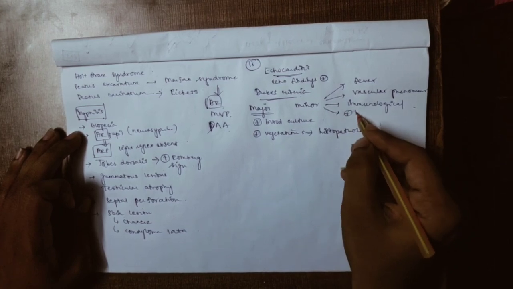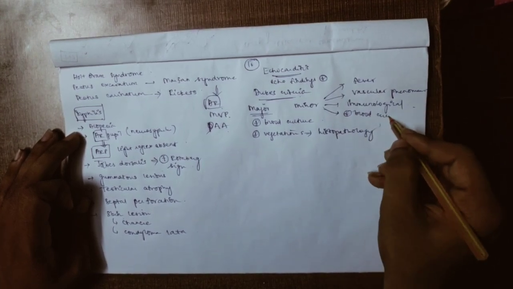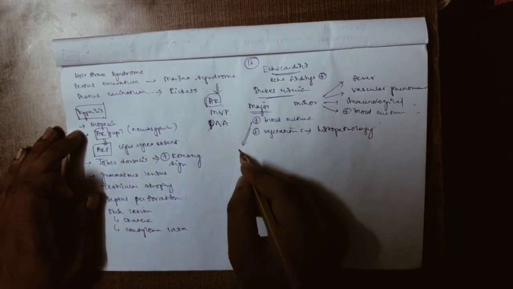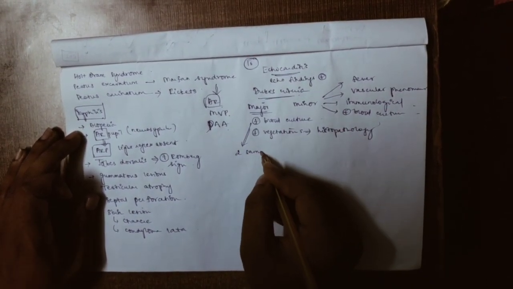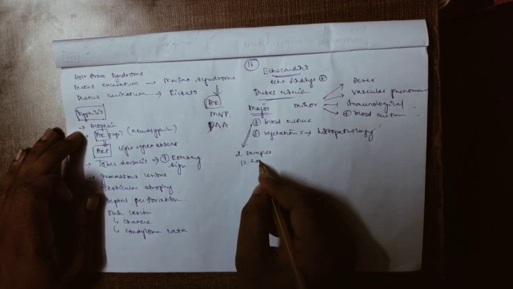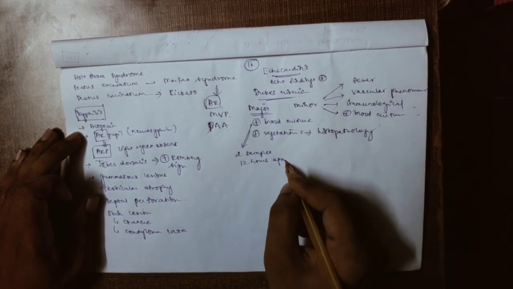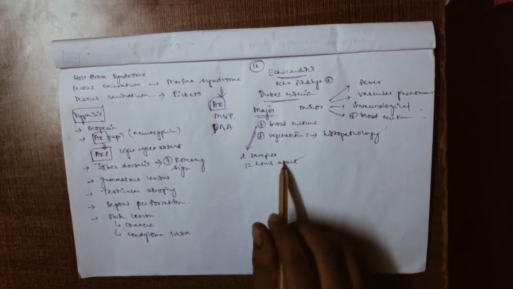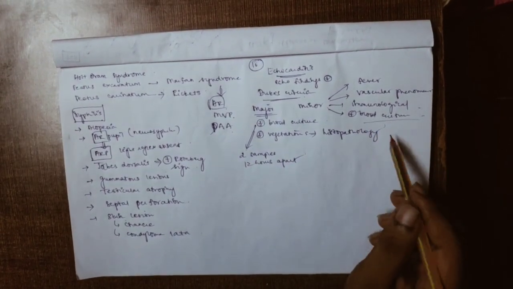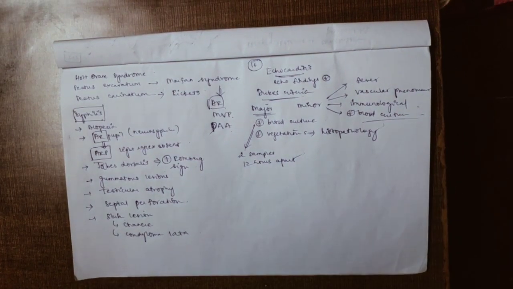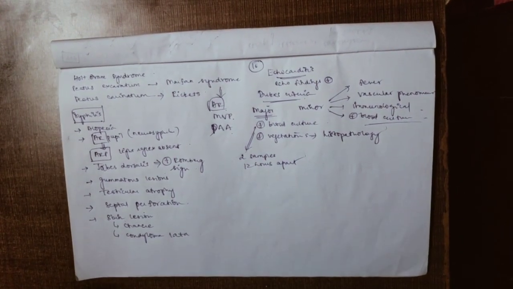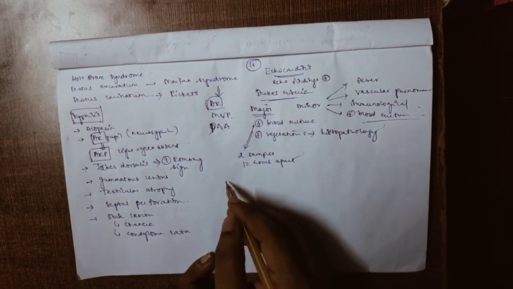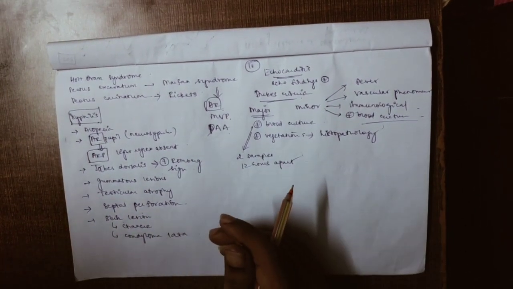Or a blood culture which doesn't fit the major criteria. The major criteria of blood culture is 2 samples taken 12 hours apart should be positive before starting antibiotics. If it doesn't come under this criteria, but you have a suspicion for infective endocarditis, it comes under minor criteria. So this is Duke's criteria.